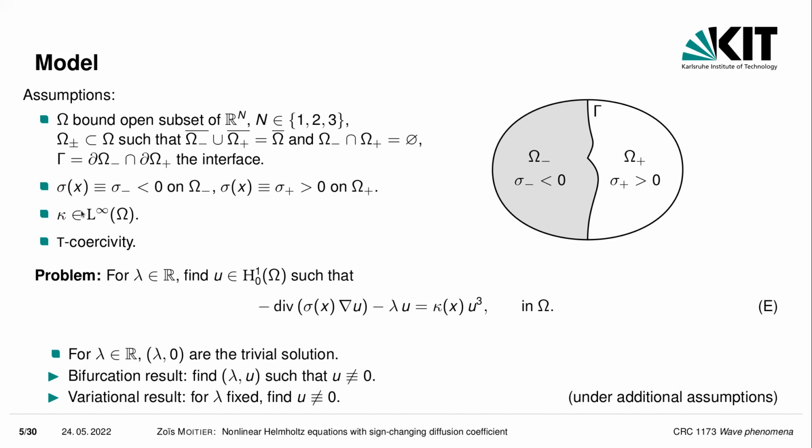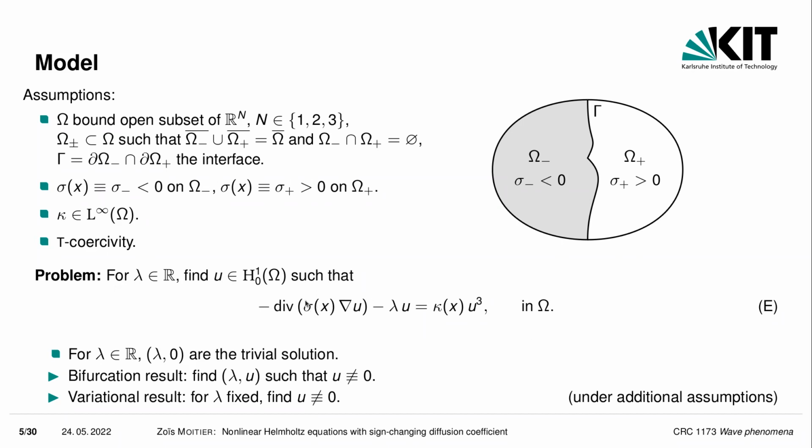And I need to assume that this kappa function is an L infinity function. I will need some T-coercivity assumption that I will detail in a few slides. And so the problem I look at is, for lambda a scalar, find a function u in H^1_0 such that it satisfies this Helmholtz equation.